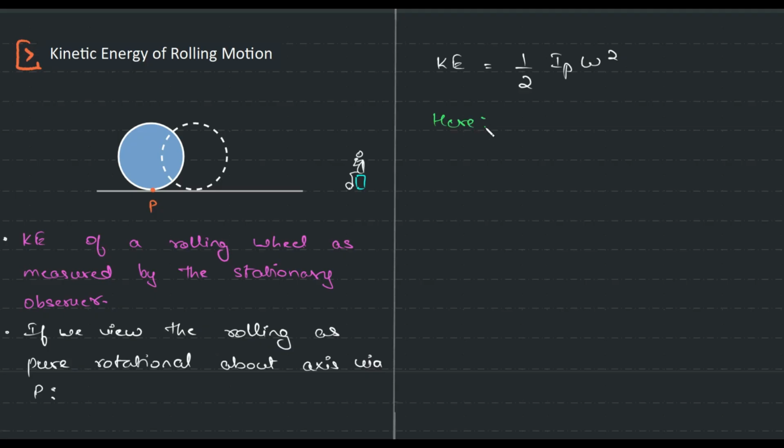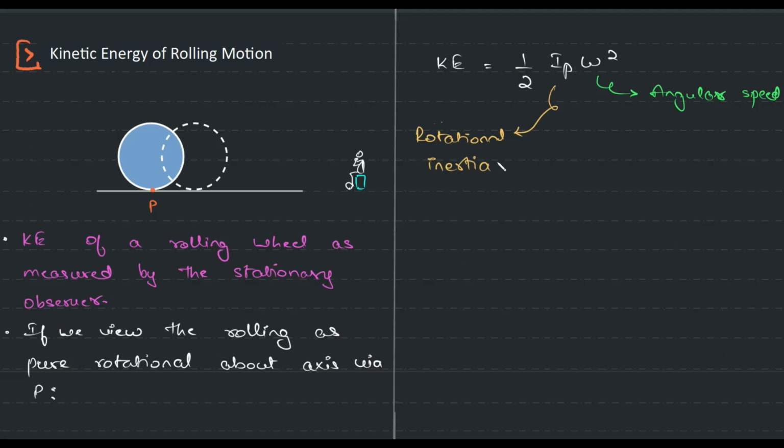Here, what is omega? This is your angular speed, right? And this would be the rotational inertia.